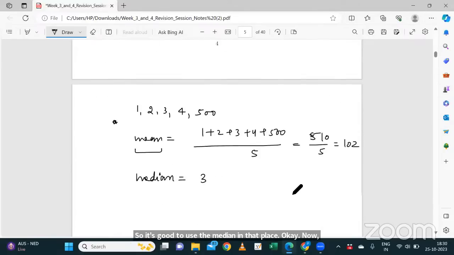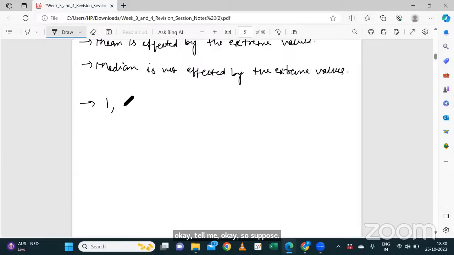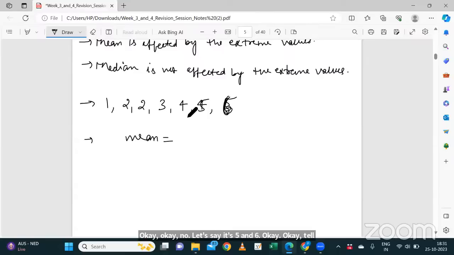Suppose I took the data set 1, 2, 2, 3, 4, 5, and 6. Tell me what is the mean? So it will be 5 plus 3, 3 plus 4, 7, 12, 18, divided by 7, right?